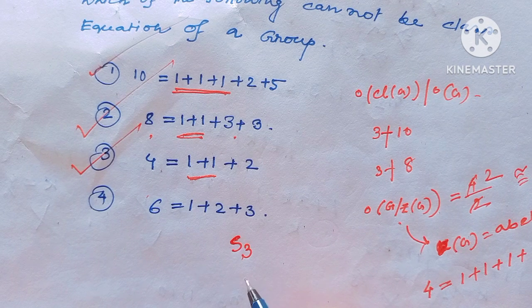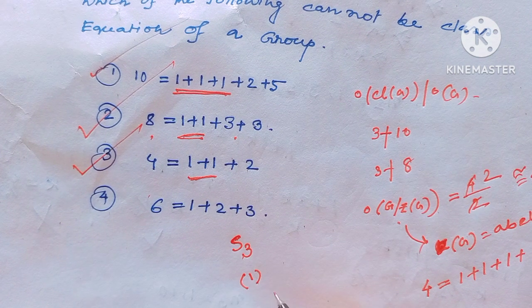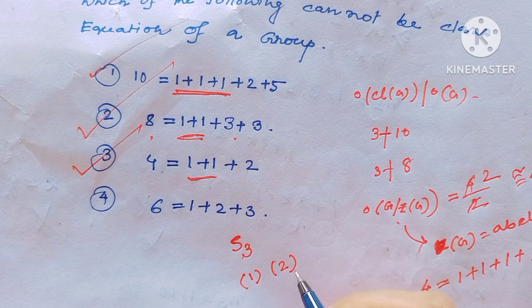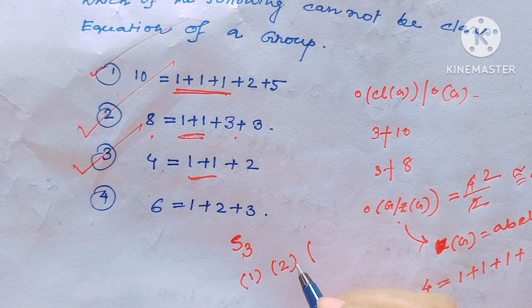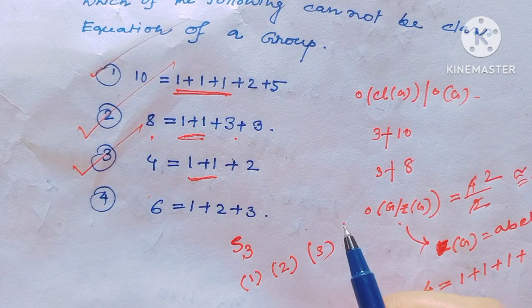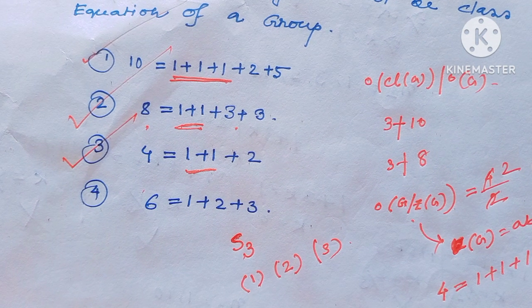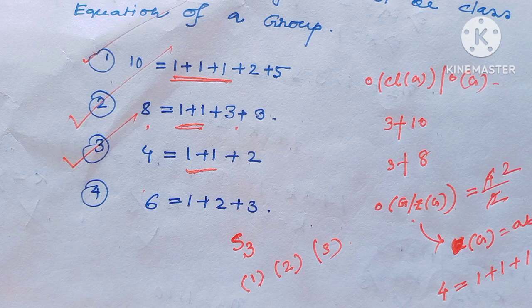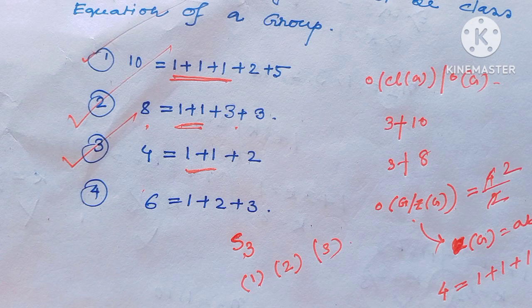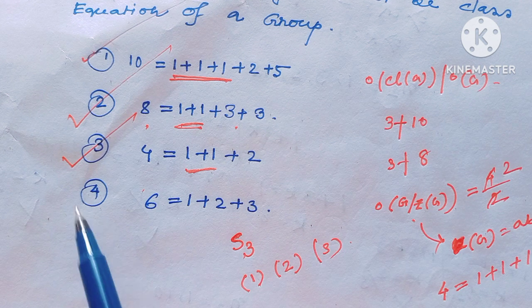In S3, one identity cycle exists, one 2-cycle type exists, and another 3-cycle type exists. In my next video, I will explain that the class equation of the permutation group Sn is given by the same cycle type. So option 4 cannot be the correct option, since it is the class equation of a group of order 6.